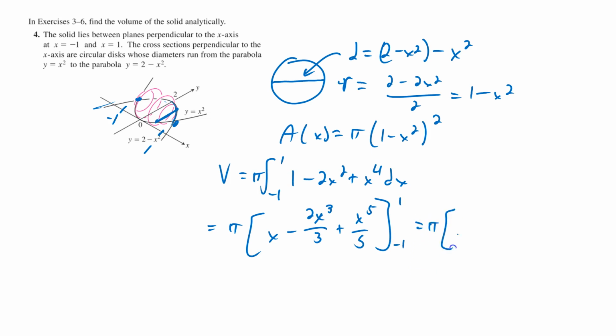So that's pi times, so we have to plug in 1, plug in -1, and subtract them. So if we plug in 1, we have 1 minus 2/3 plus 1/5 minus, I plug in -1. -1 cubed is still -1, so it'll be plus 2/3. And plugging -1 here is still -1 when you plug it in here, so we'll have minus 1/5.